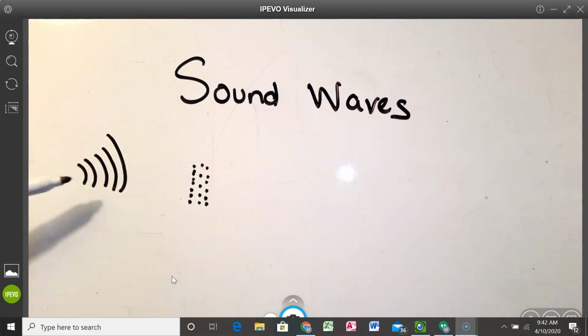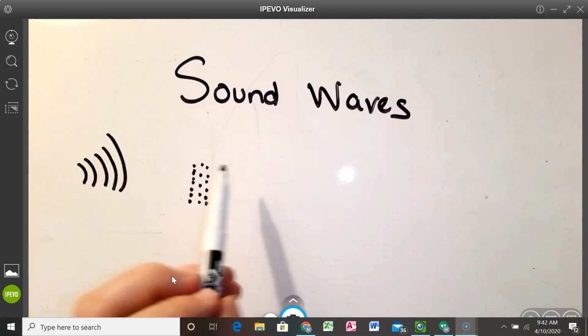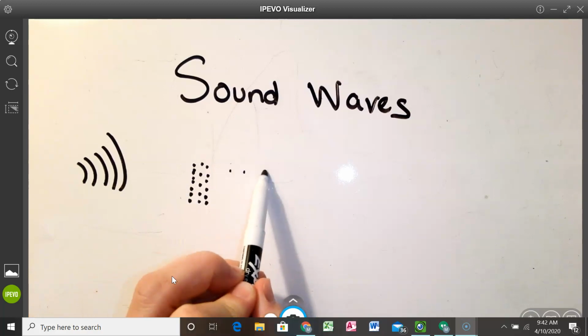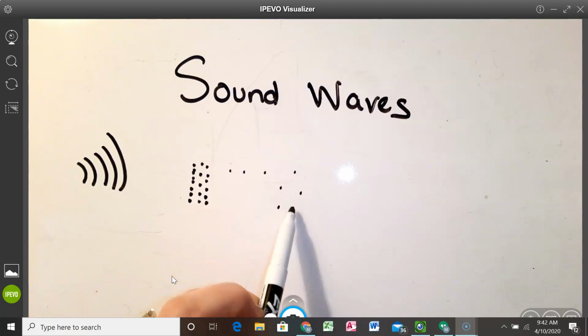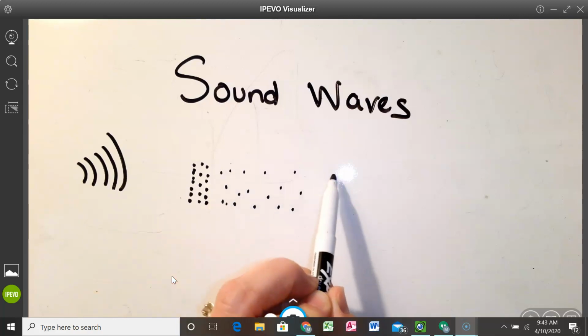And as that wave travels, these air particles that are here are either going to compress or they're going to spread apart. So we saw that with that slinky as a demonstration.